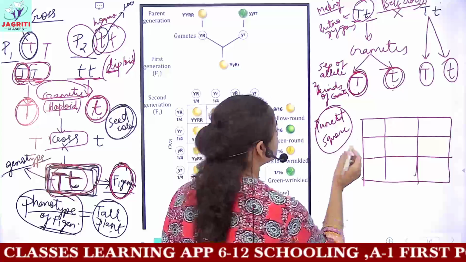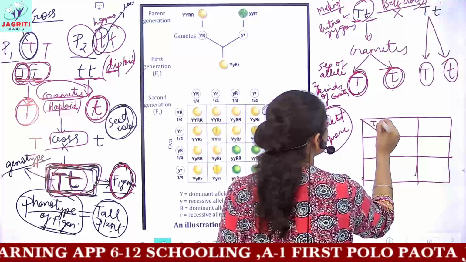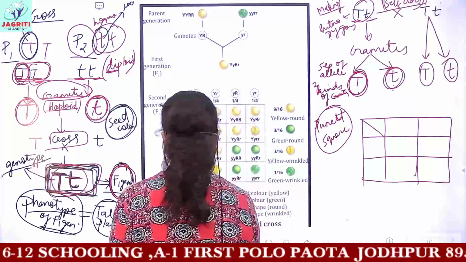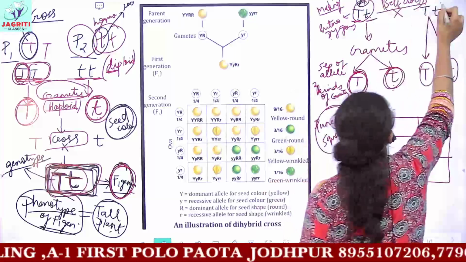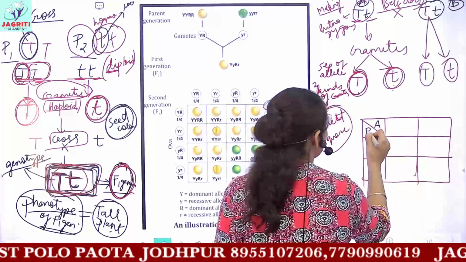Now you write the first F1 here, that is the first parent, capital T, small t. Let's suppose we have this parent to be parent A, and this is parent B. So you write parent A and parent B.